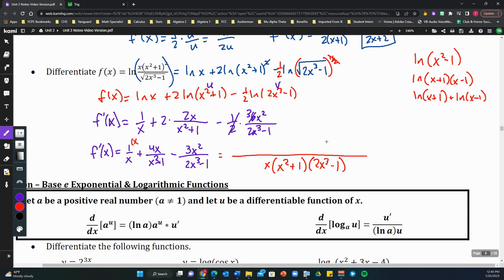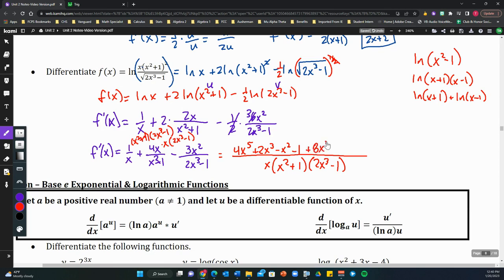So the first guy needs x squared plus 1 times 2x cubed minus 1. So when I multiply all that out, I get 4x to the fifth plus 2x cubed minus x squared minus 1. The second one needs a factor of x and 2x cubed minus 1. So this is really 4x squared that I'm distributing.